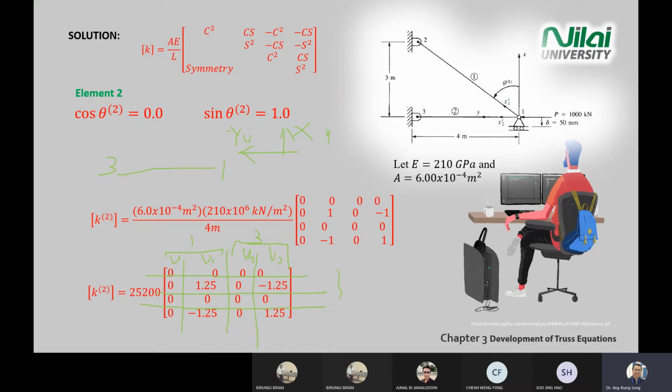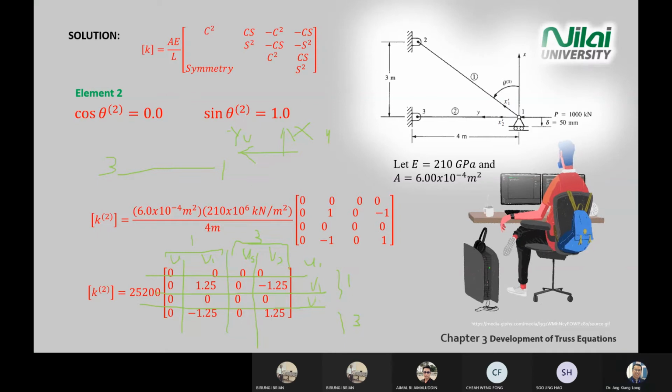Repeat the same over here. Just use your pencil to label because later you need to park the numbers in one big matrix to solve the external force. Okay. So this one is U1, V1, U3, V3.